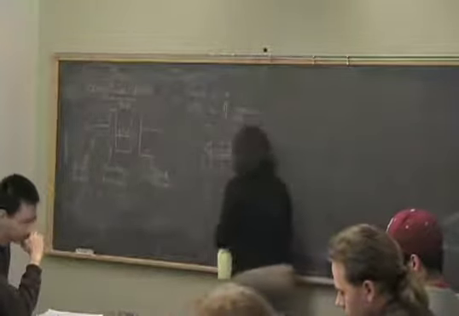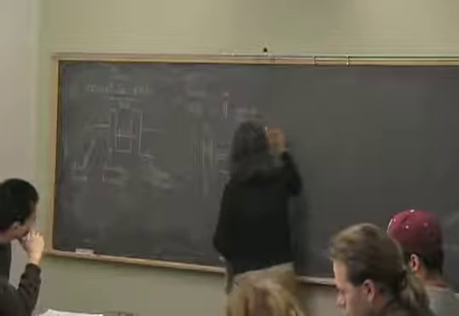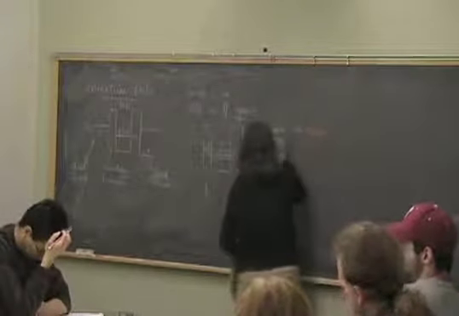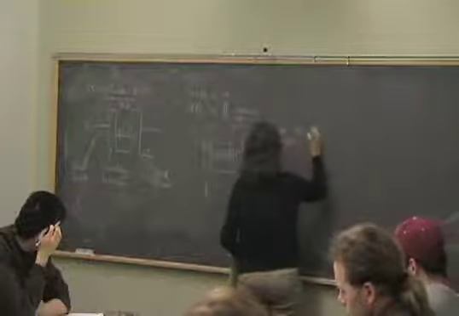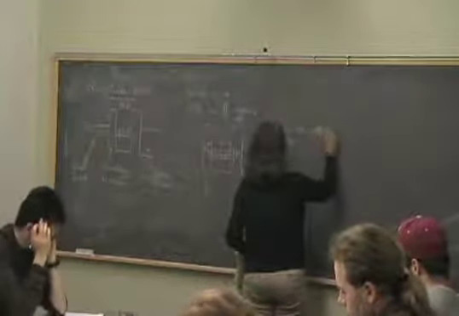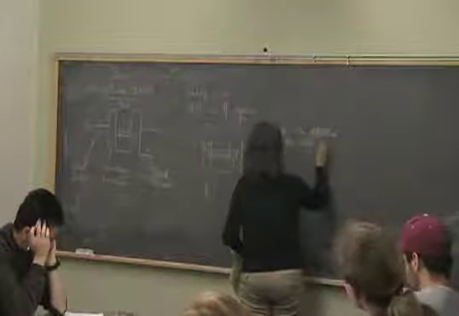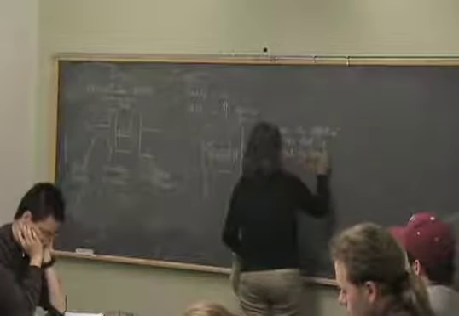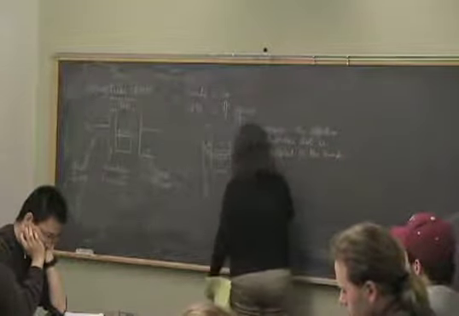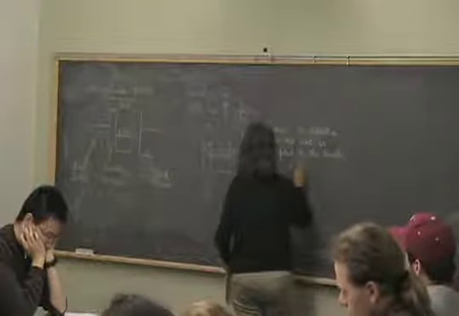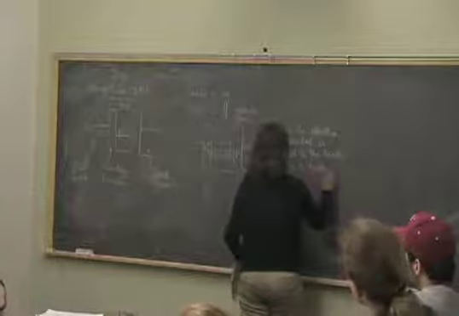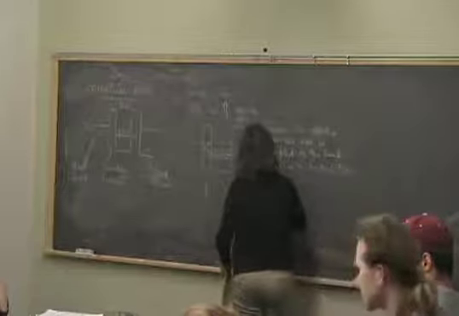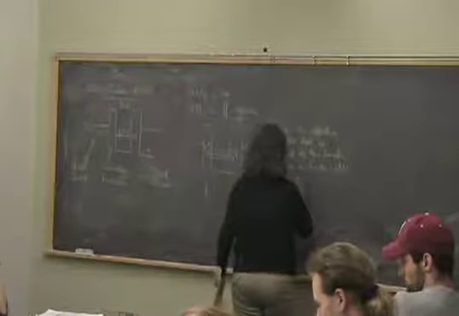So, because the spin on the dot, or the electron on the dot, is coupled to the leads, there is a finite width to the level E0.